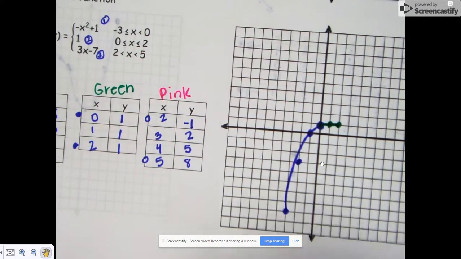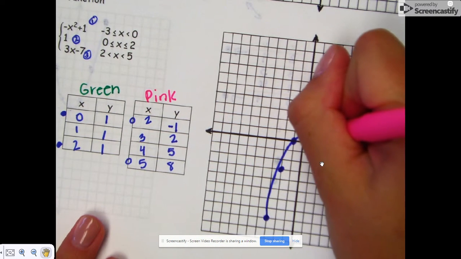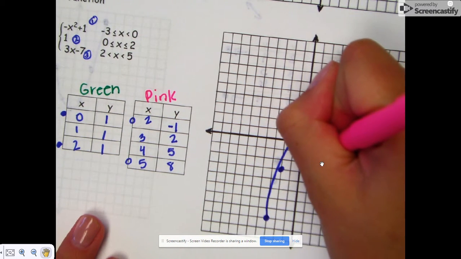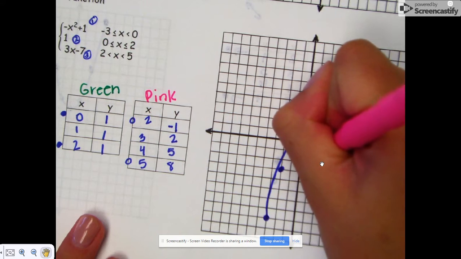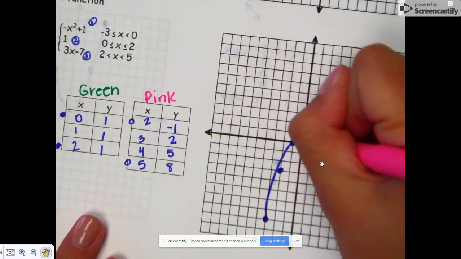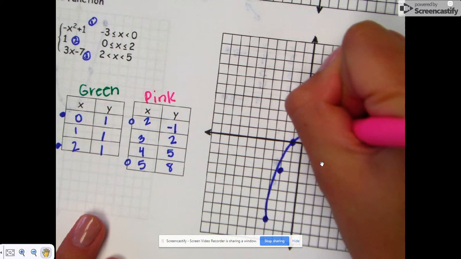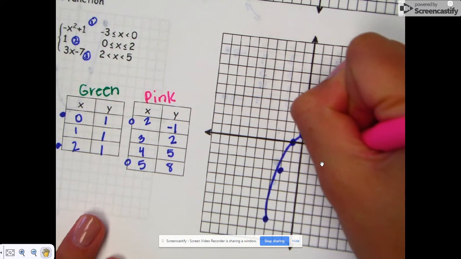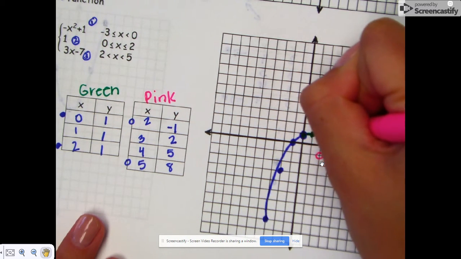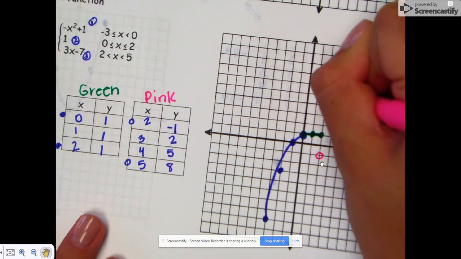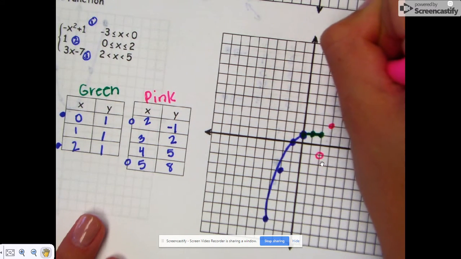Remember this first one is open, 2, -1. That's here. 3, 2. That's closed. 4, 2, 5. And this one's open as well.